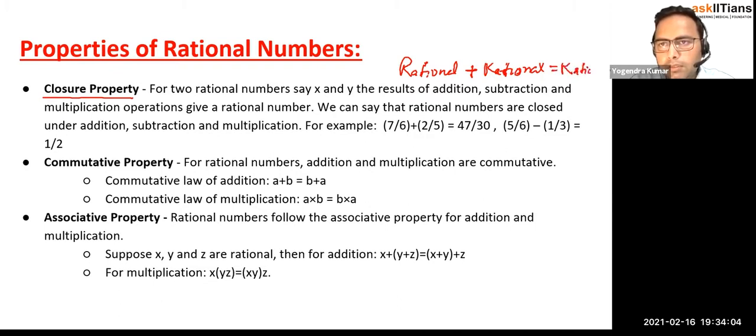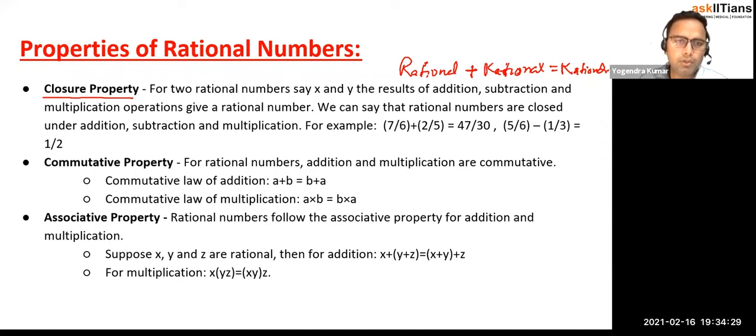Rational itself, right? This is what we need to remember. If we add, subtract, or do any operation on rational numbers like that, we are going to get rational numbers only. So this is what you need to remember. I hope you are getting it, right? If you understand this, then let's go to the next topic.